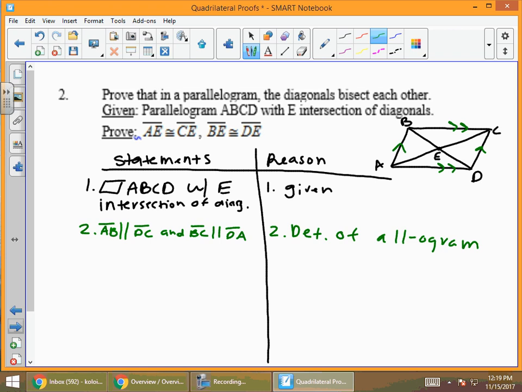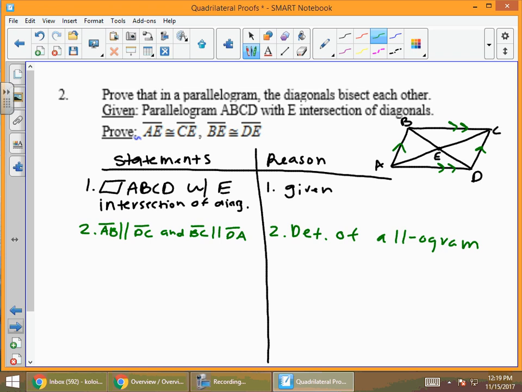And again, with these proofs, essentially what we're doing is just proving that triangles are congruent, and then stating that their parts are congruent. And it doesn't really matter which triangles you pick to prove congruent.